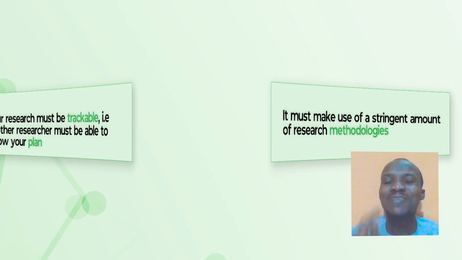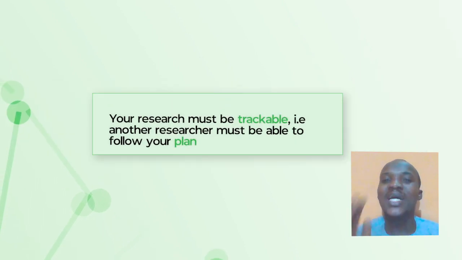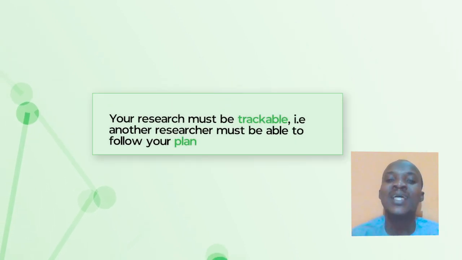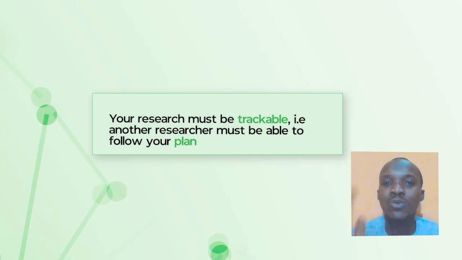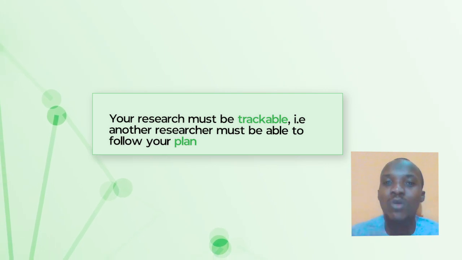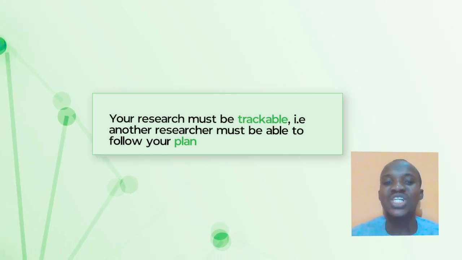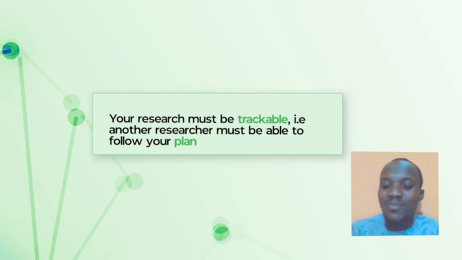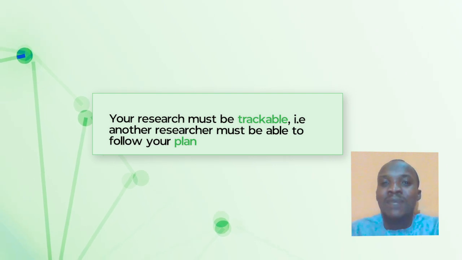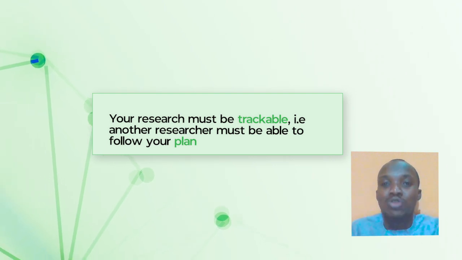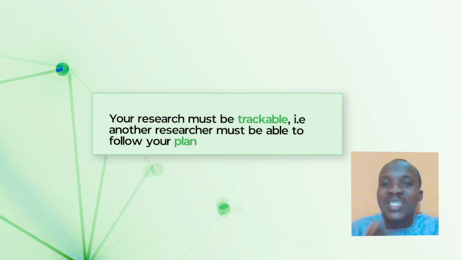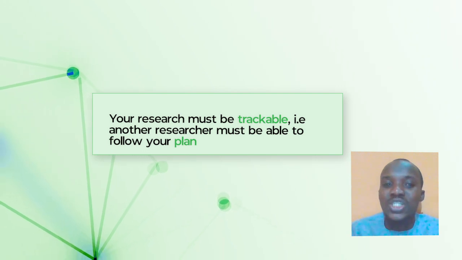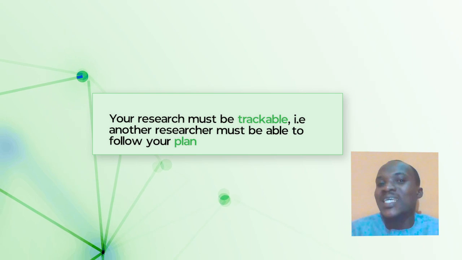That means I must carry out my research in a way that is trackable, something that can be followed by another person. Since I have a plan that I'm following, another person can take up that plan that I used in carrying out that research and derive the same outcome.